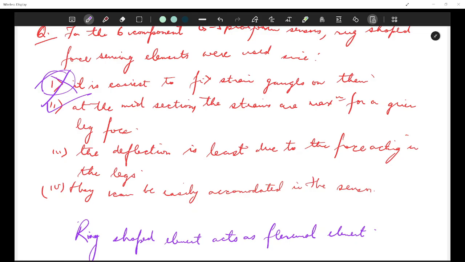We want measurable deformation. If it is too stiff, small strain is there and poor sensitivity is there. So least deflection is opposite of what is desired. So this is also incorrect. And the last option is it can be easily accommodated in a sensor. Mechanical compactness is secondary, but the primary goal is maximum strain per unit force. So this option misses the real reason. So this is also incorrect.